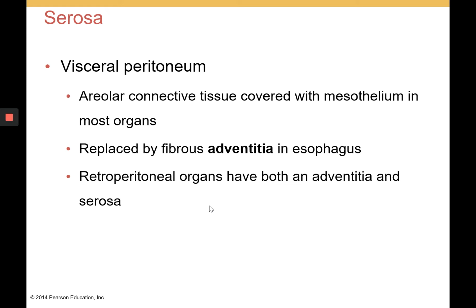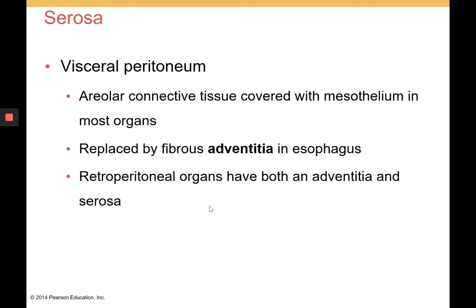The serosa is the visceral peritoneum. The visceral peritoneum surrounds alimentary canal organs, and it's also made up of areolar connective tissue covered with a layer of mesothelium, or mesothelium you may know as stratified squamous epithelium. It is replaced by adventitia in organs like the esophagus. So some retroperitoneal organs would also have anteriorly a serosa and posteriorly an adventitia.